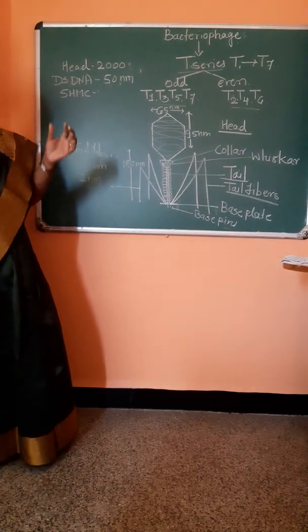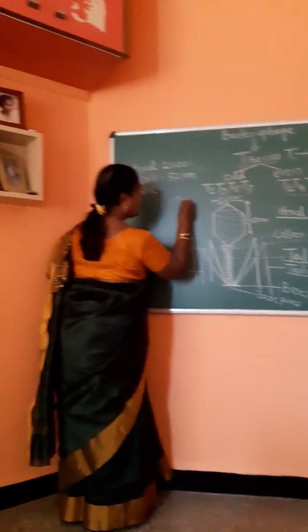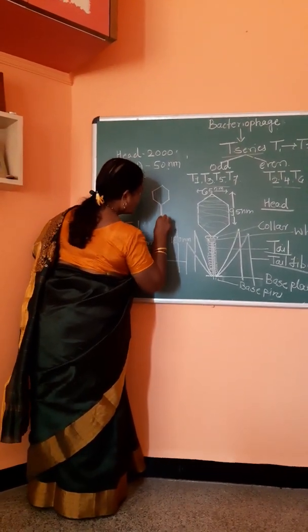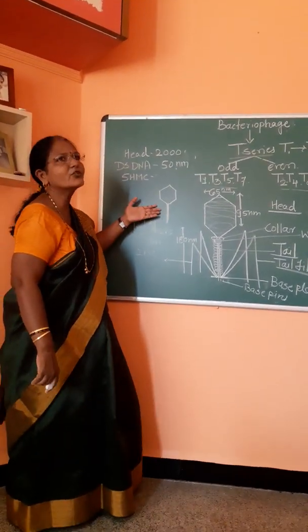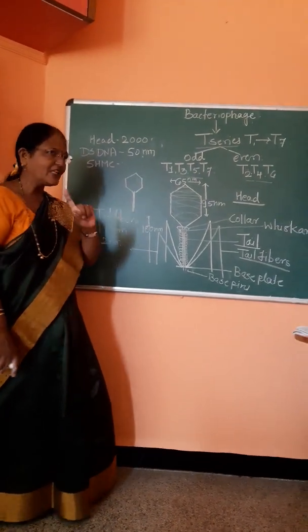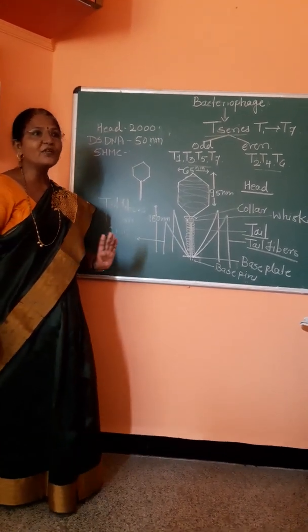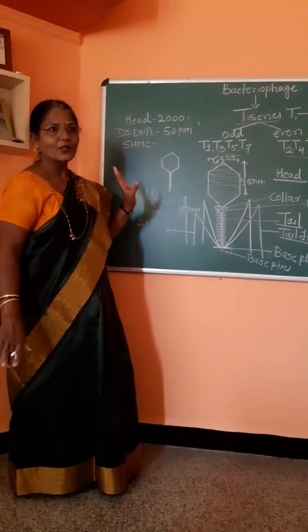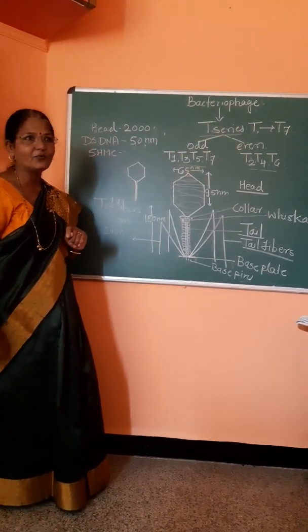They possess a tail like one tube, the hexagonal head is present, and a hollow tube is present. So this is the structure of T odd phages. They never possess the hexagonal base plate, they never possess the base spines, and they never possess the tail fibers. Okay, so this is the difference between T odd and T even phages.